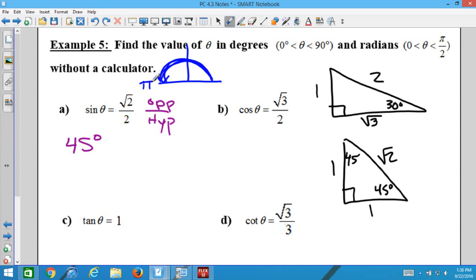Into 90, 45 fits in 2 times, exactly. So it fits into 180 4 times exactly. So 45 is what fraction of that top? A 4th. So it is pi divided by 4, that is the radians. That's 45 degrees.